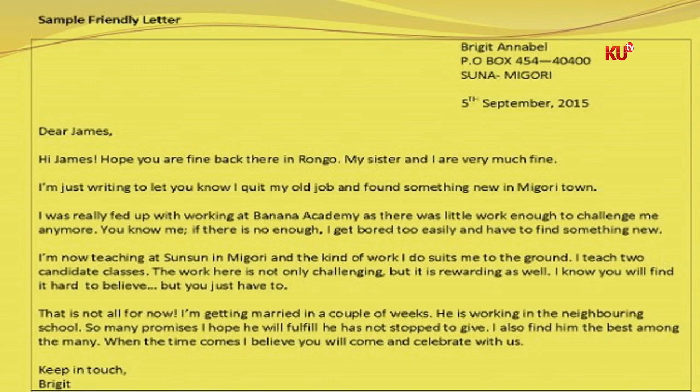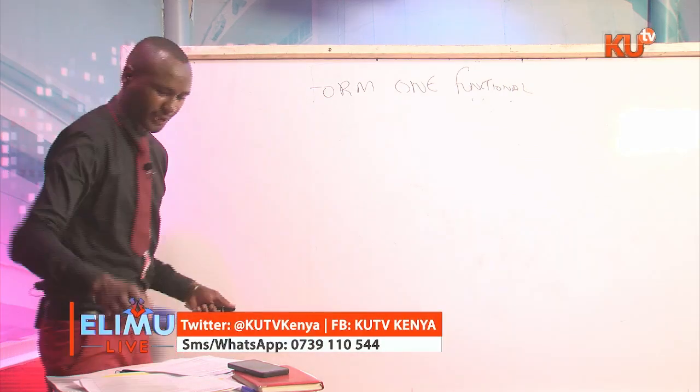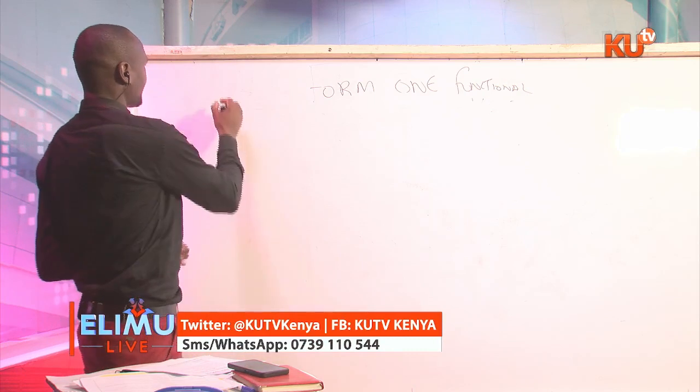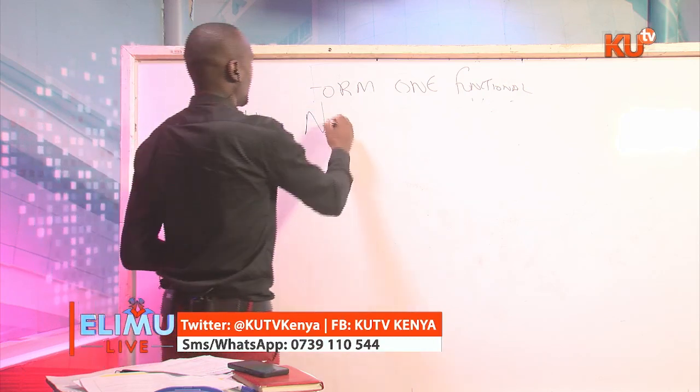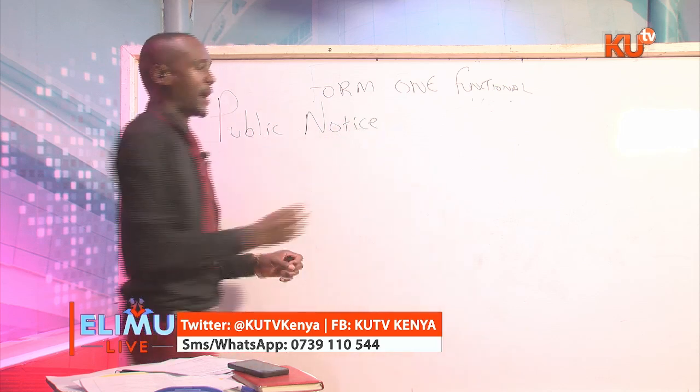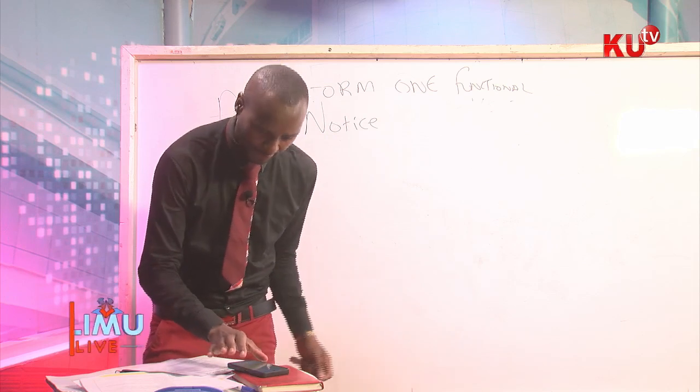And then, because of time, we'll be a bit faster. We come to the other item, public notice. We also cover public notice in Form 1. A public notice, you want to convey something to the public.